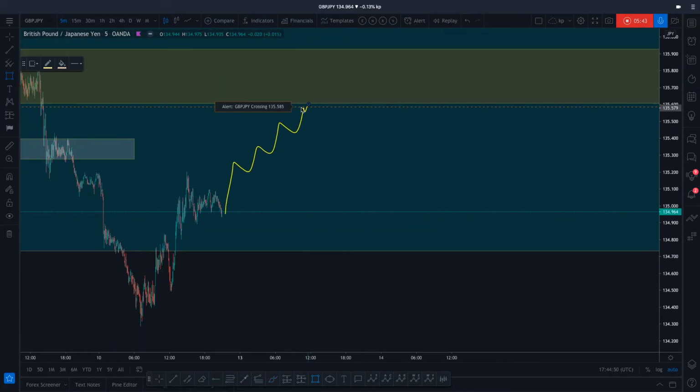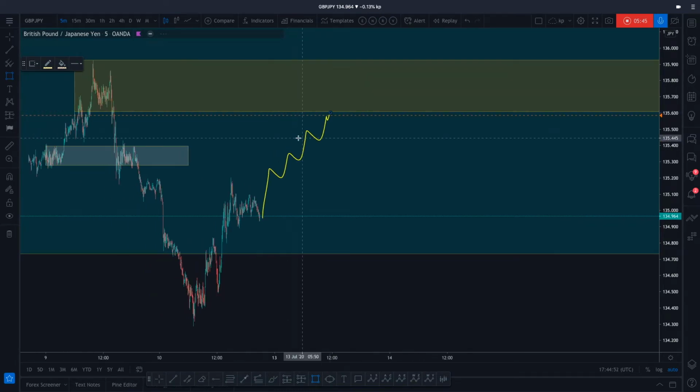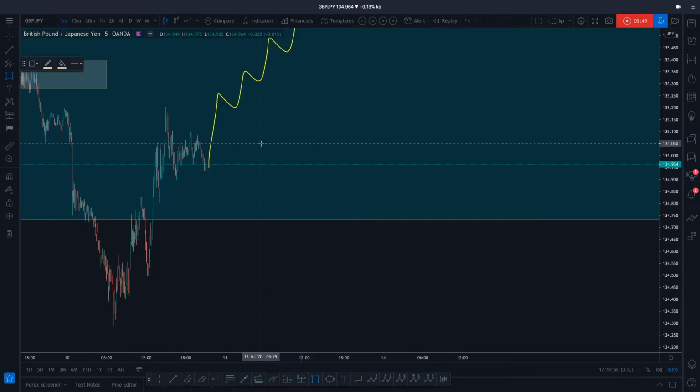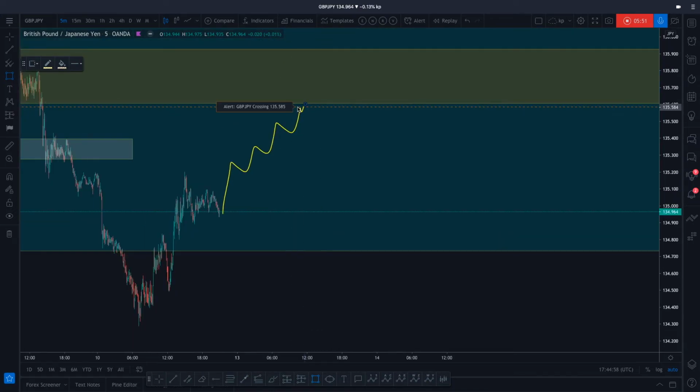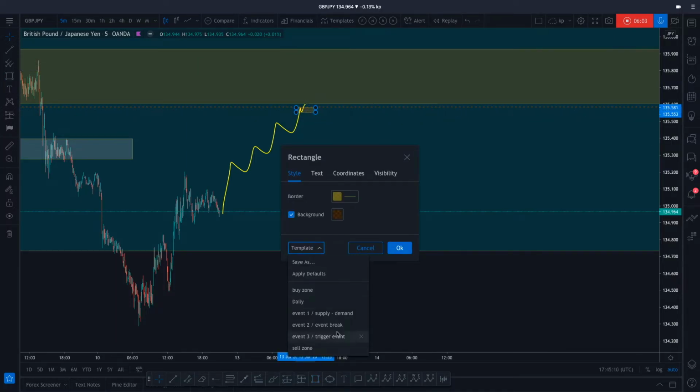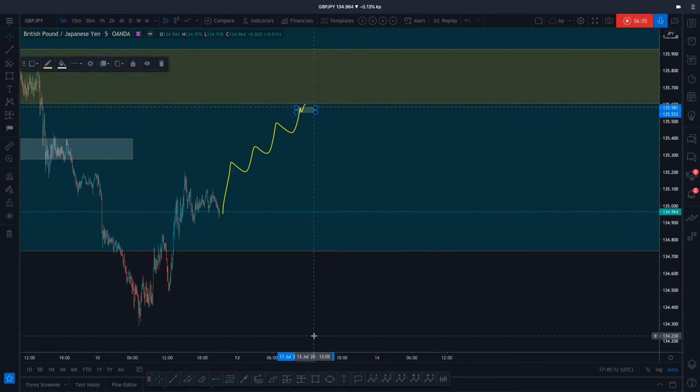You play on the 5-minute chart the same game again as on the daily chart with the 1-hour chart. You wait for the price to touch the trigger event, and once it touches, your event breaks get valid.